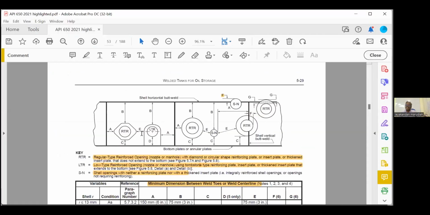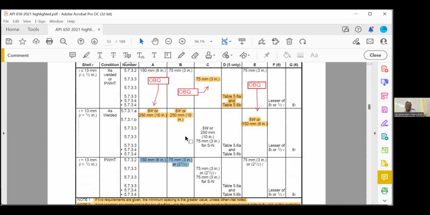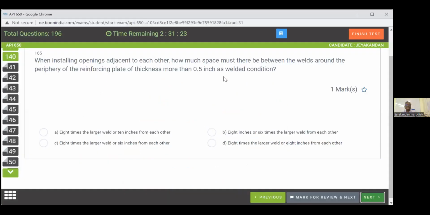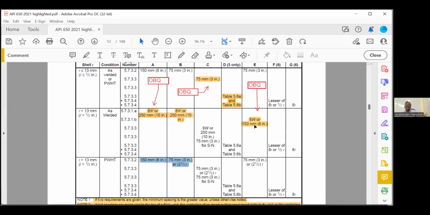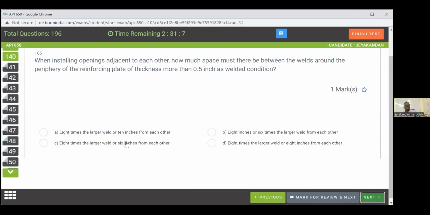E. We have to refer to the E. What thickness have they given? More than half an inch, as welded. As welded, 8 E, this is the E, right? 8 times weld or 6 inches. So the answer is 8 times weld or 6 inches from each other.